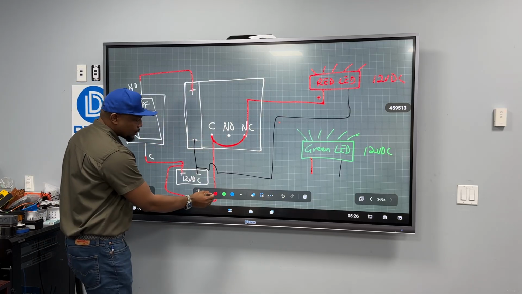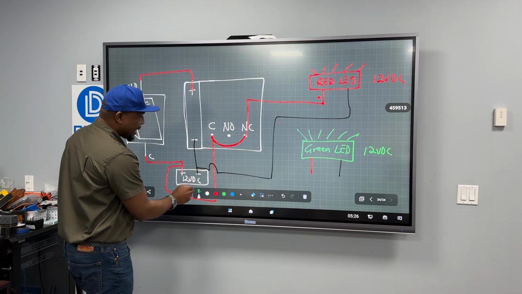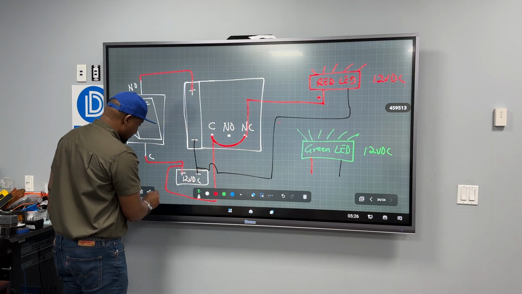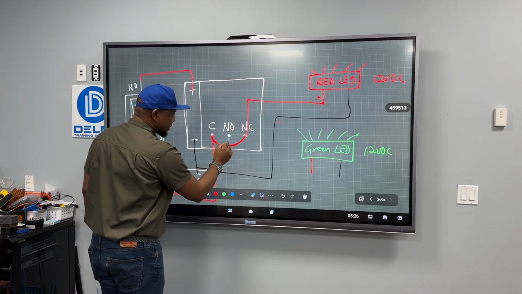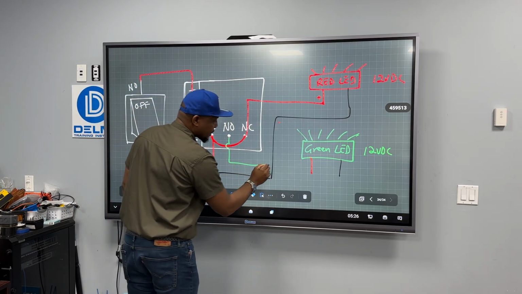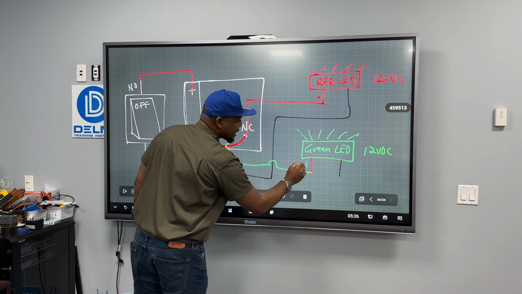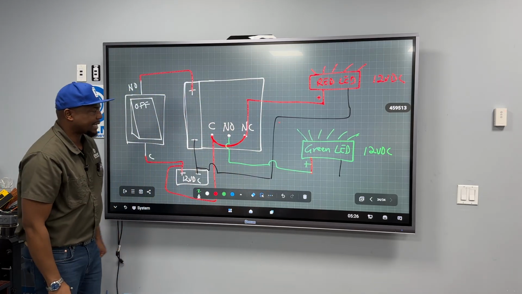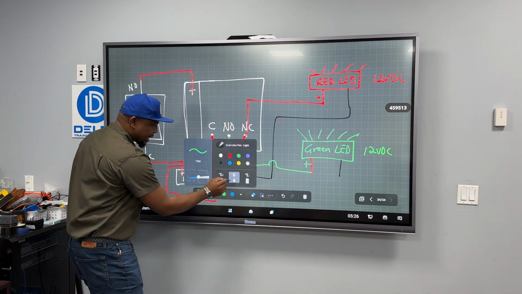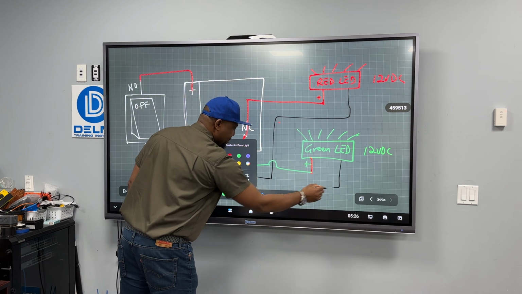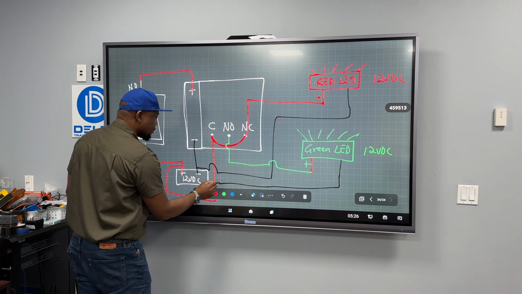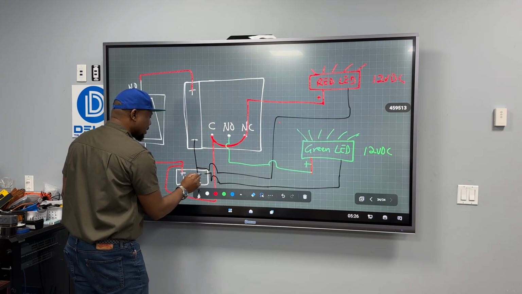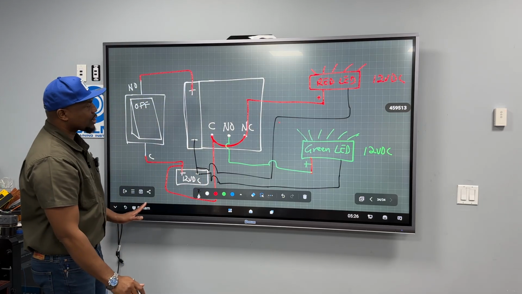So what I can do is connect from here, this, to the positive of this terminal, and I'm going to connect that from here all the way back to this negative. So let's look at what happens.